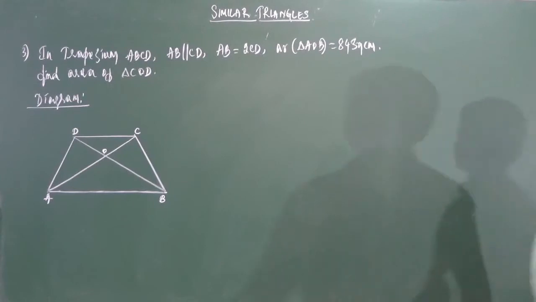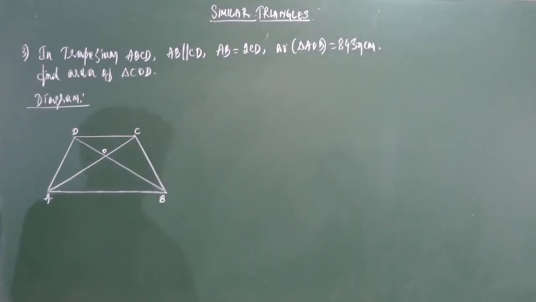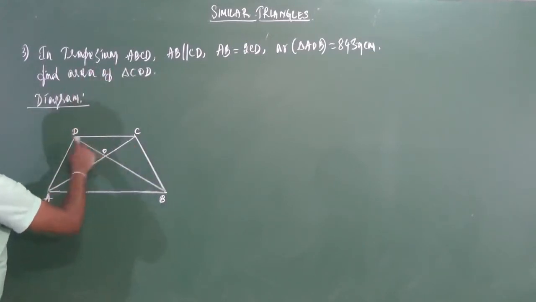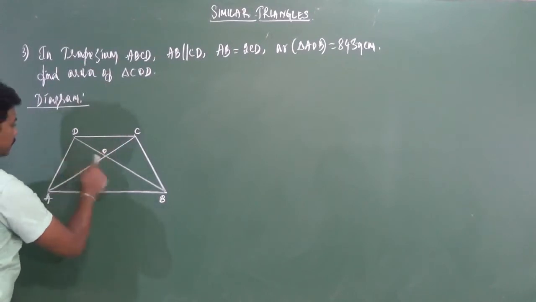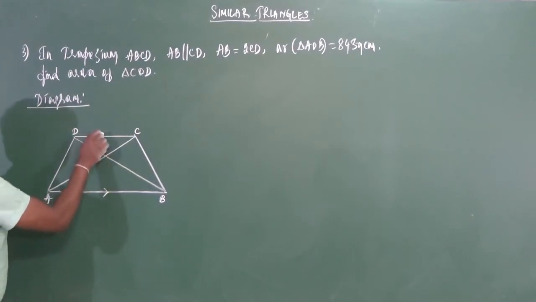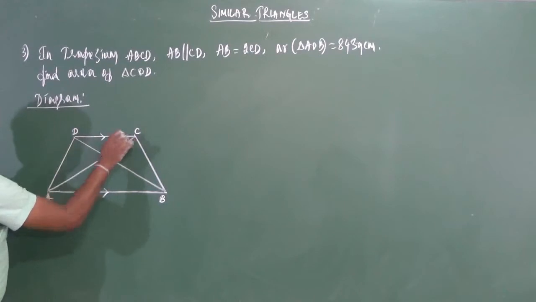Okay, let us get into the third problem. It was asked for 2 marks in one of the examinations. Very important, on trapezium. In trapezium ABCD, AC and BD are the diagonals intersecting at point O. AB is parallel to CD, and AB is twice CD, so the length of AB is twice the length of CD.